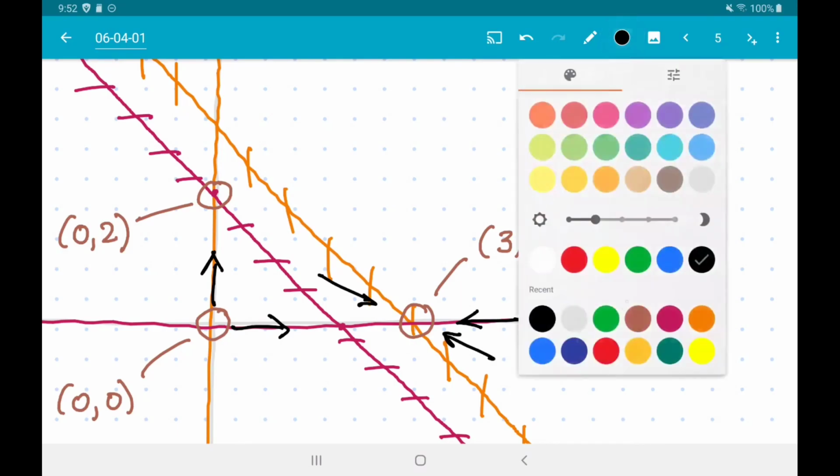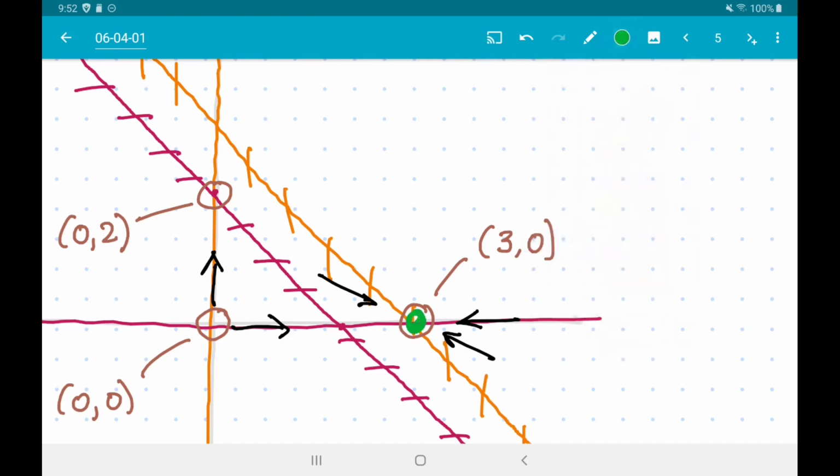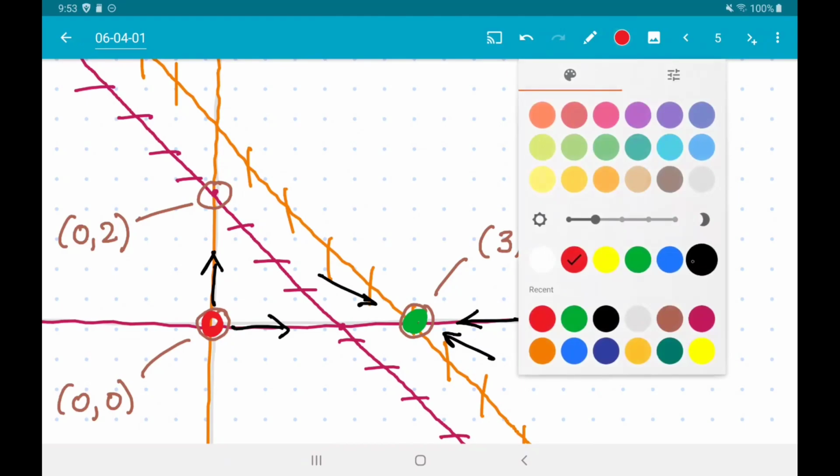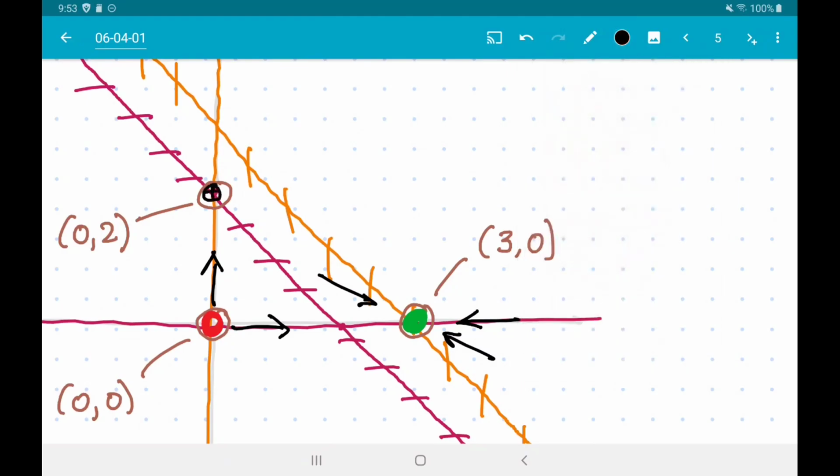And I can fill it in with green because it's a stable node. Let me make a red dot there for that. And finally, up here, this fixed point was a saddle. Looks something like this. I can add some arrows here like that.